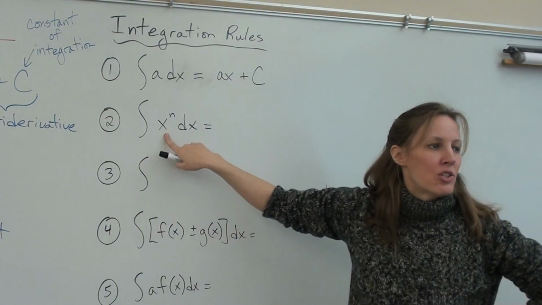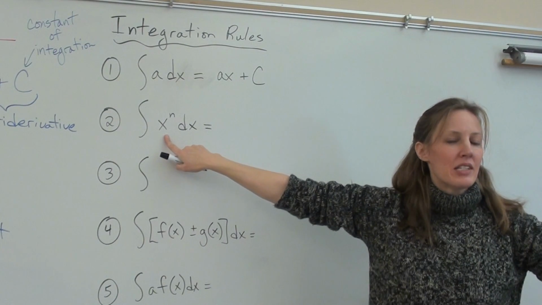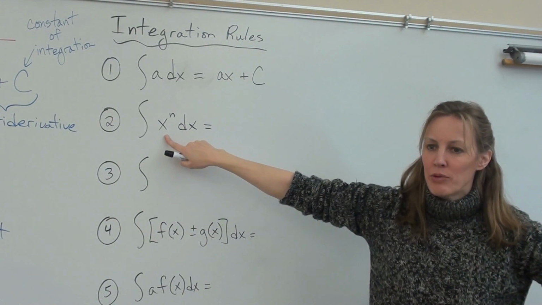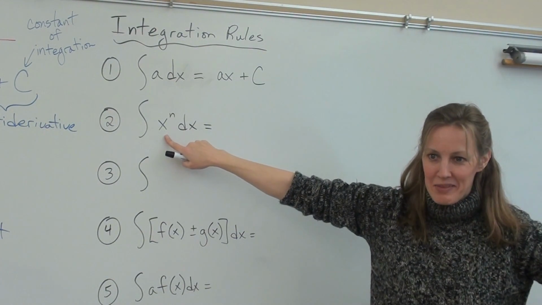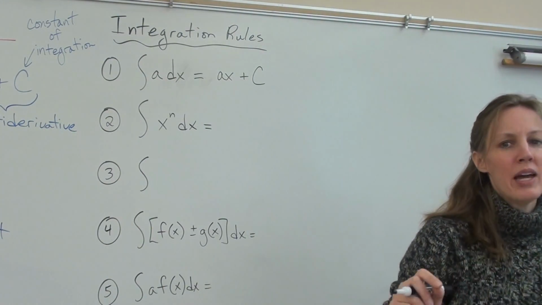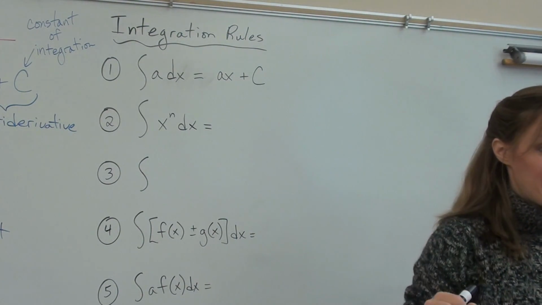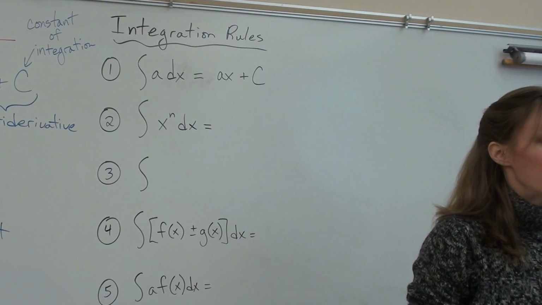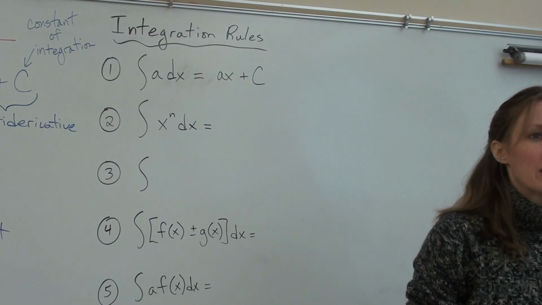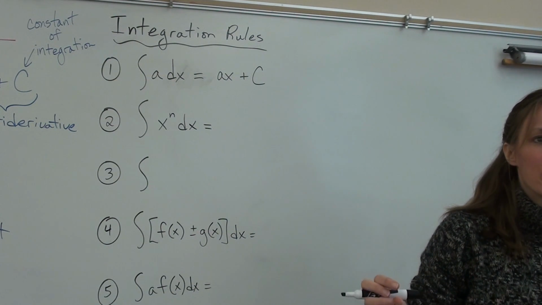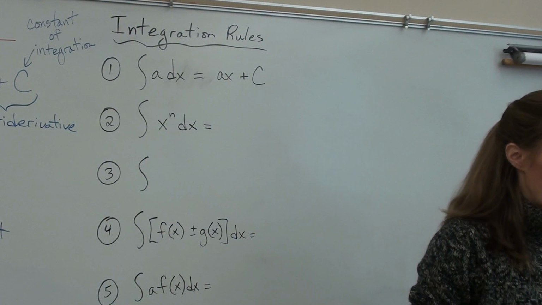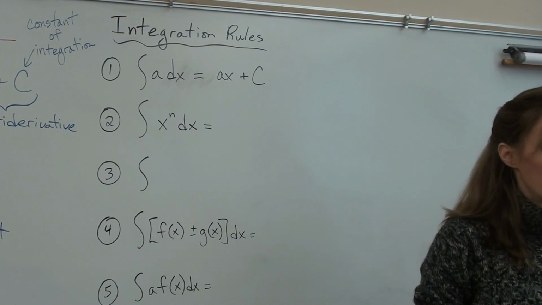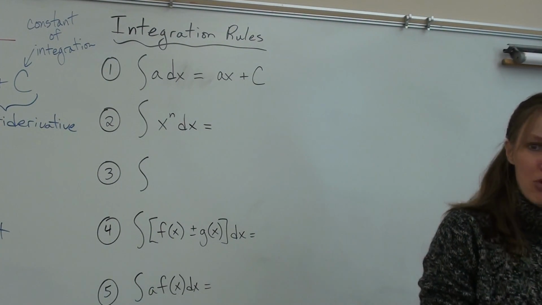This rule is a socks, shoes, shoes, socks kind of rule. Think of getting dressed: you put on socks first, then you pull on your shoes, then you tie your shoes.